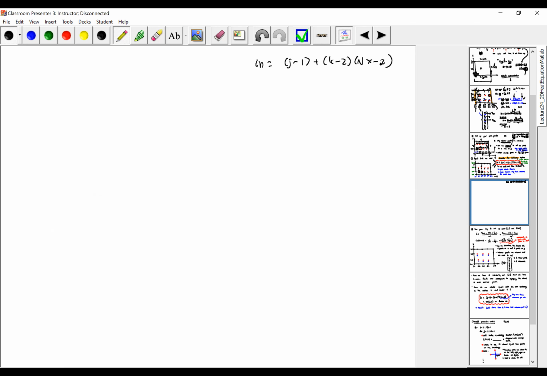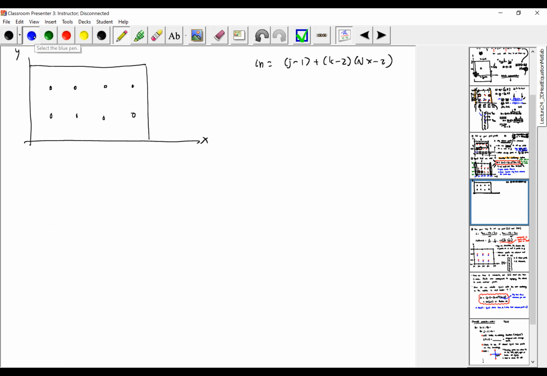Now, if I give you another example, let's say again your two-dimensional domain of x and y. So we use the same thing. You have a total of 8 unknowns here. So instead of doing 1, 2, 3 horizontally, I do 1, 2, 3, 4, 5, 6, 7, 8. I want to reorder my node number like this.